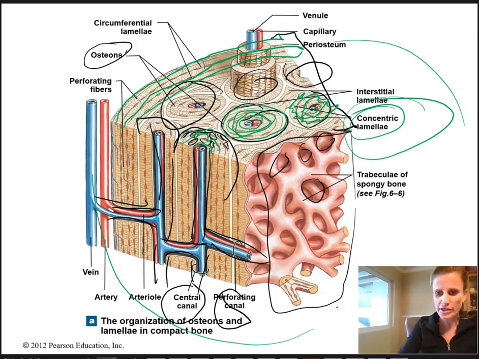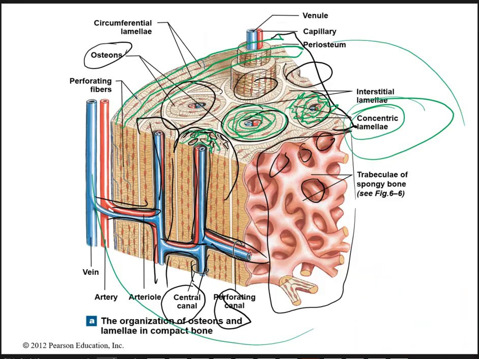So they're not actually part of the osteon. They're layers that are circling around the whole entire bone. Those are called circumferential lamella. Circumferential layers, because they go around the circumference of the bone, right around the whole outside of the bone tissue.